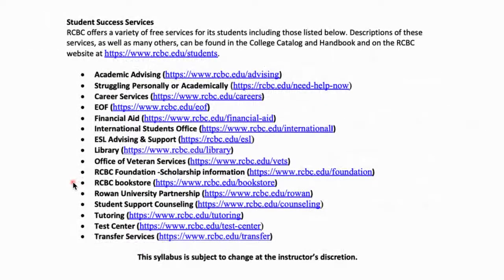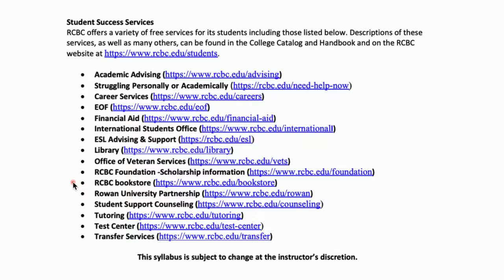Now there's other things in the syllabus, including some important links and things that you have available at the college. You can make use of them. Those are links you just click on and go to these various resources that you have.